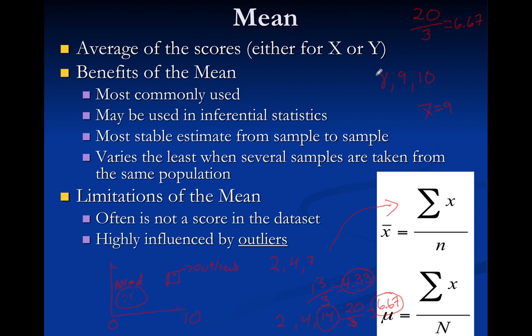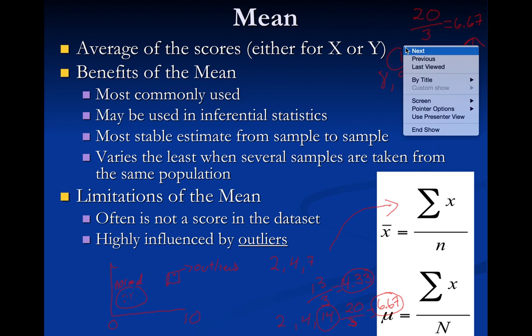I replaced that 8 with a 1, so 1, 9, and 10, and all of a sudden my average drops incredibly, almost by 3 points. Having that one low score, going in the opposite direction, pulls down my mean. So that value of a 1 is going to be considered an outlier as well. So very, very important for us.